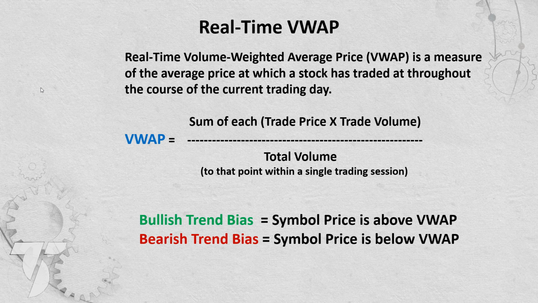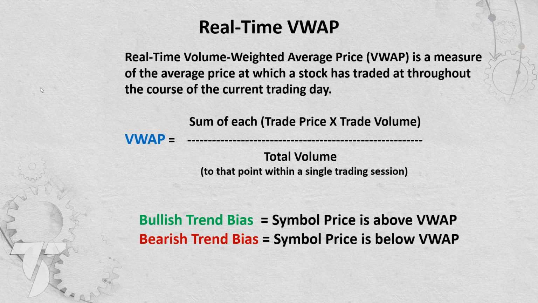So as I said, VWAP is calculated in a real-time mode and a historical mode that you can put under the chart with an indicator. So let's just talk real quick about real-time VWAP. With real-time VWAP, every single trade that comes into our system, we're going to keep a running total of the price of that trade times the volume of that trade.